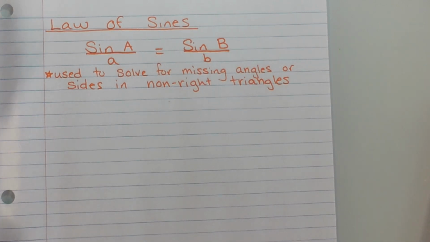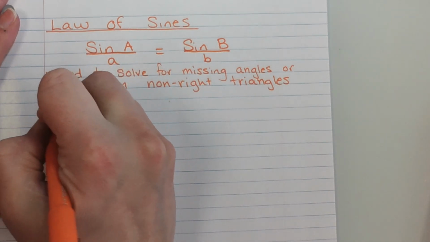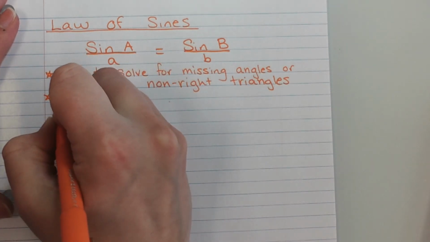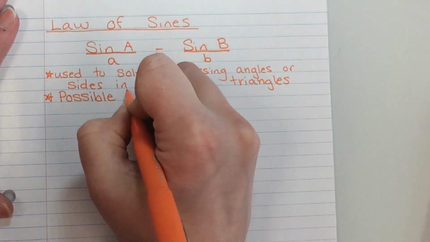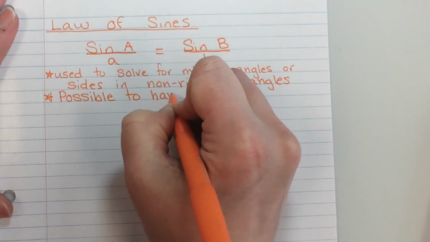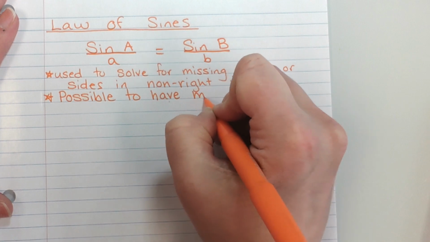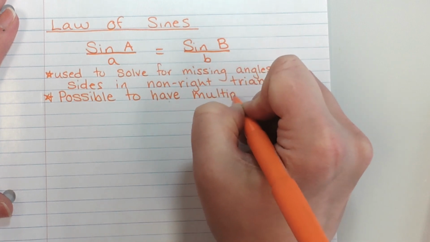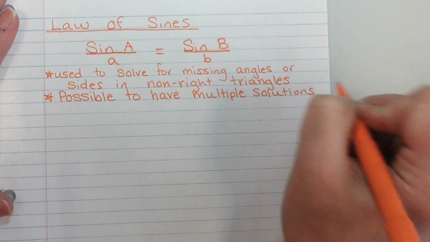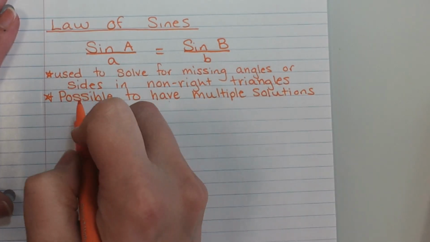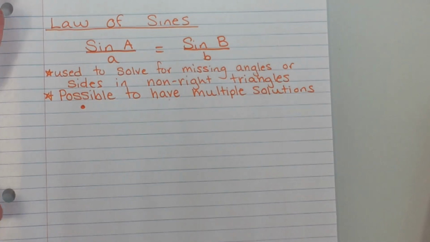Now here's a weird thing about law of sines. It is possible to have multiple solutions in certain cases.